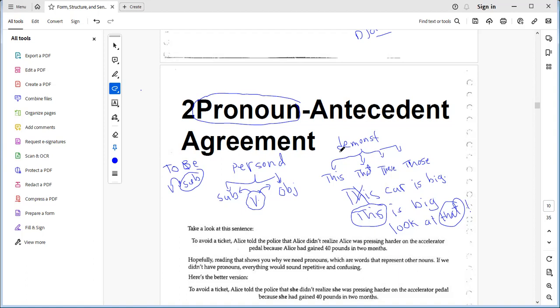But in the question, I'm not going to ask you what kind of pronoun this is. The first, and the most popular, is personal pronouns. They are divided into subject pronouns: he, she, it, they, you, I, we. And object pronouns: me, him, her, them, us, it.